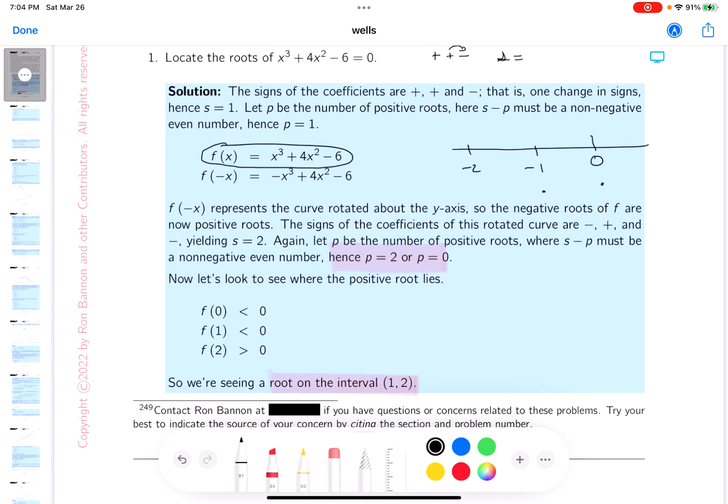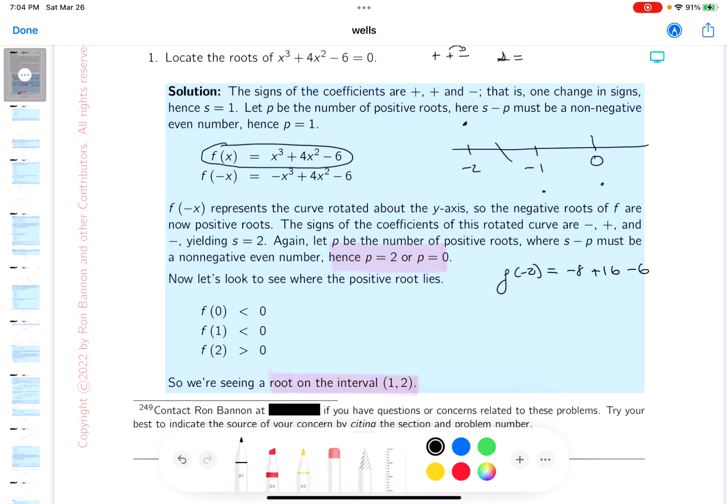Let me write that down for you, f of minus 2. You get minus 8, you get plus 16, minus 6. Well, that's definitely positive. So what do I know about this over here? It's over here now. So what do I know? I know there's a root now in between those two. Now the bottom line, there's got to be another one.